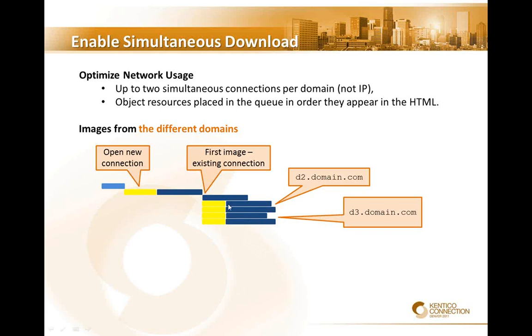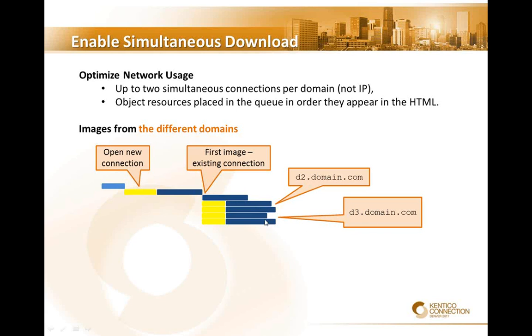So what you can see here is there are 3 domains basically. The page itself sits on d1.domain.com, and the first image sits at the same domain, d1.domain.com. And then we have 2 images from d2.domain.com and 2 images from d3.domain.com.